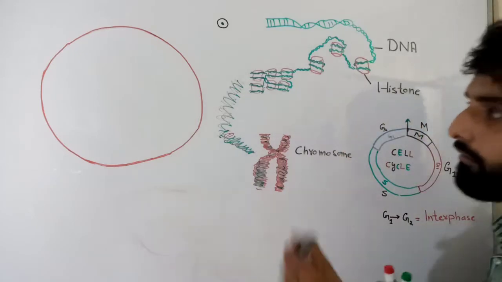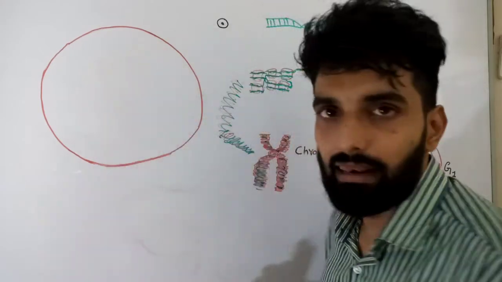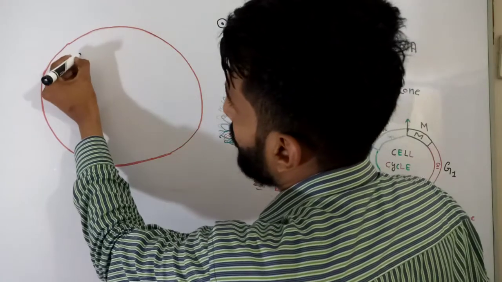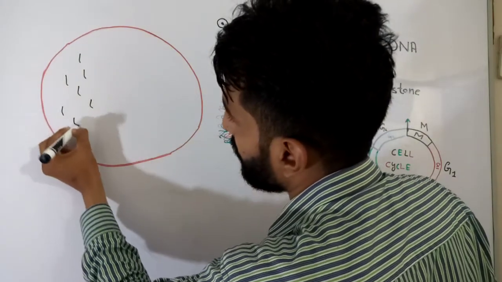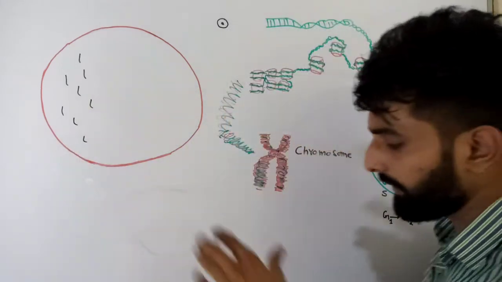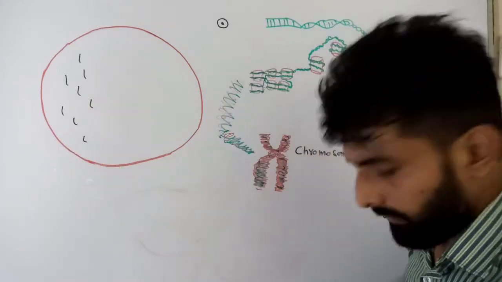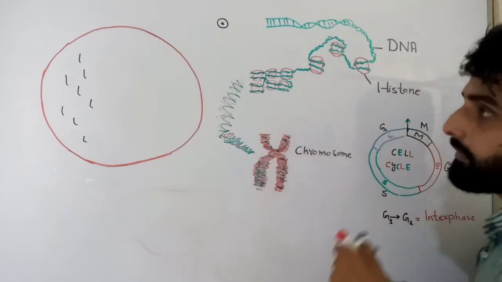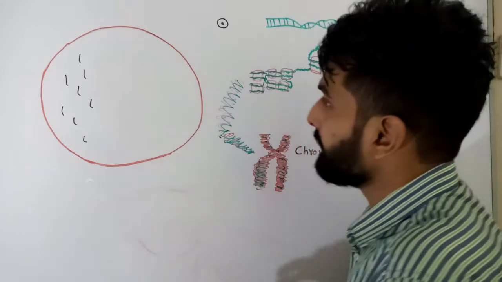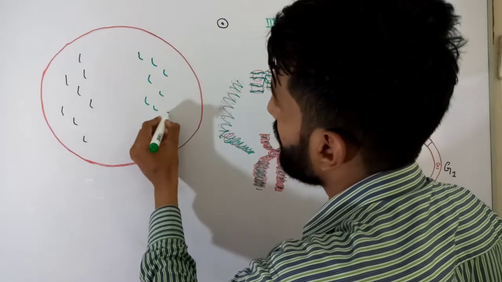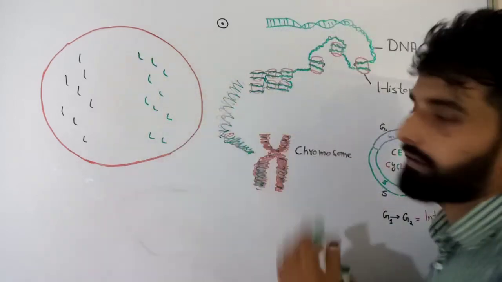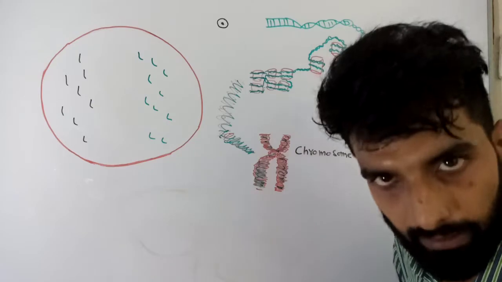We know that in our cell, there are basically 23 chromosomes from the maternal side, and 23 chromosomes from the paternal side. Clear?